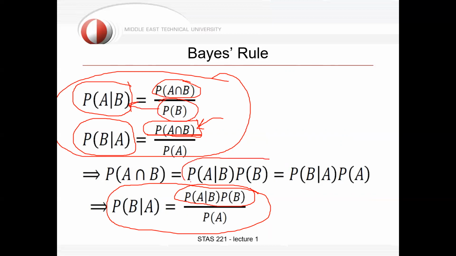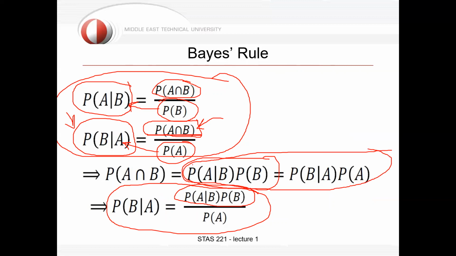So here is what I said. For the second equation, we can do the same. So probability of A intersection of B is equal to probability of A multiply probability of B given A. So because these two are equal, I'm allowed to use either of them for this intersection.